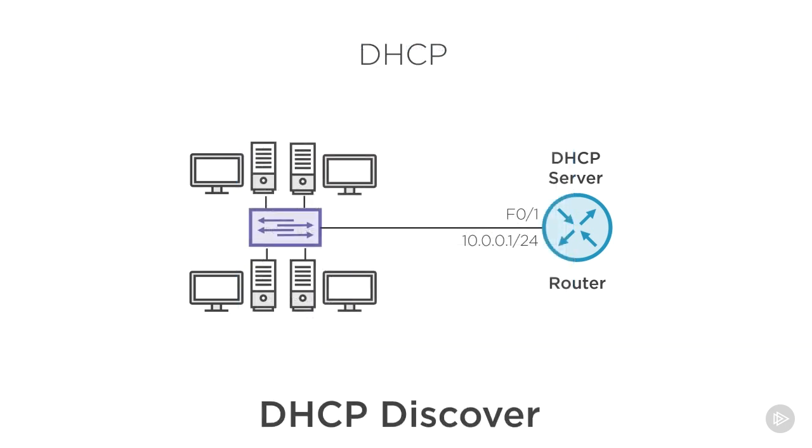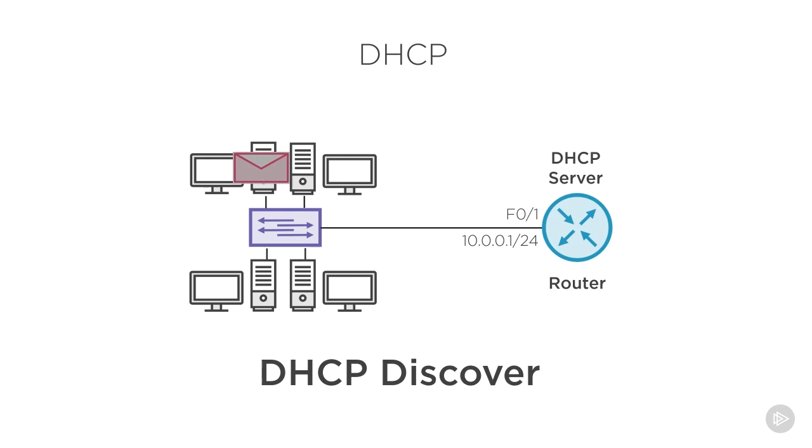So when our client comes online onto the network, the workstation will send a message out, a DHCP discover message, as a broadcast to everybody on the network. Everybody sees that message and eventually it makes it to our DHCP server.